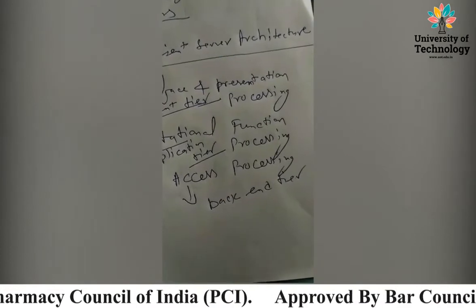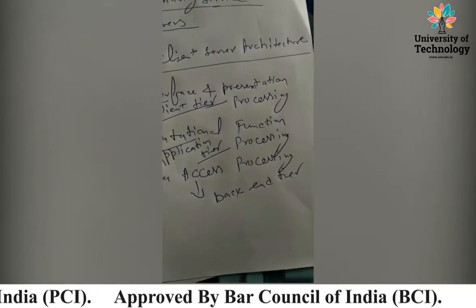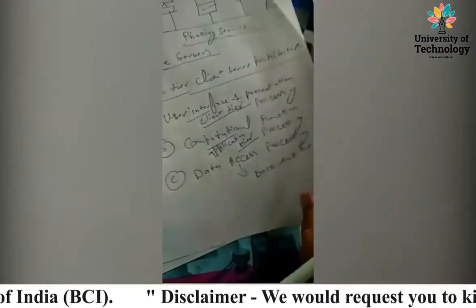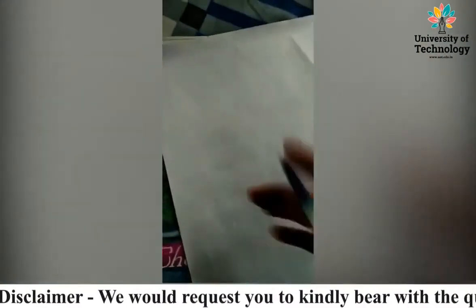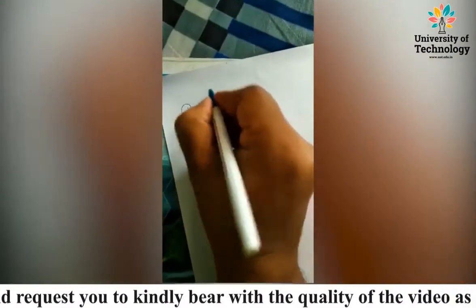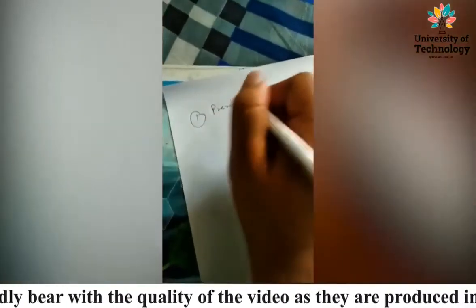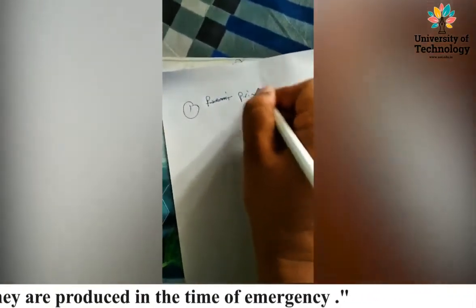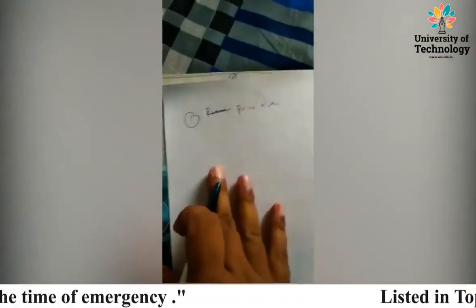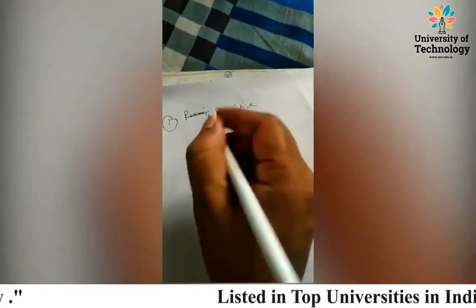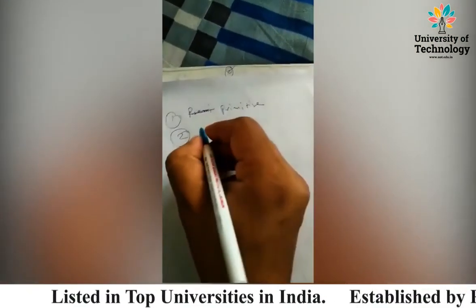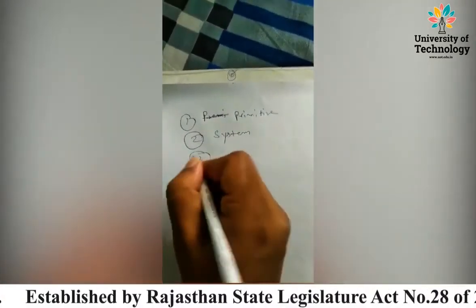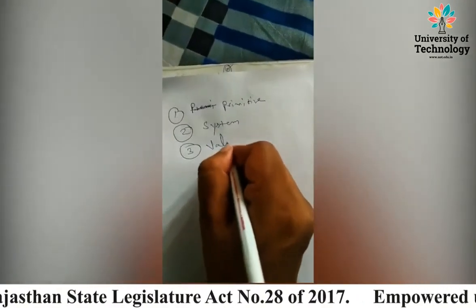System services are grouped into three categories: first primitive, second system, and third value added.